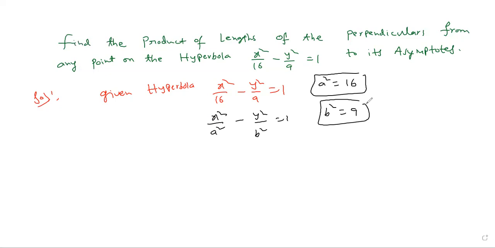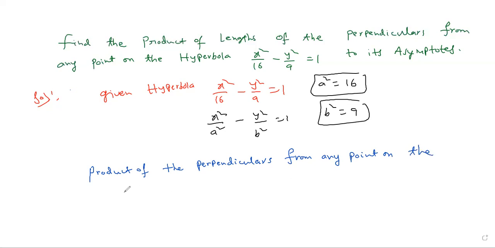Now what is asked? The product of the perpendiculars from any point on the hyperbola to its asymptotes.